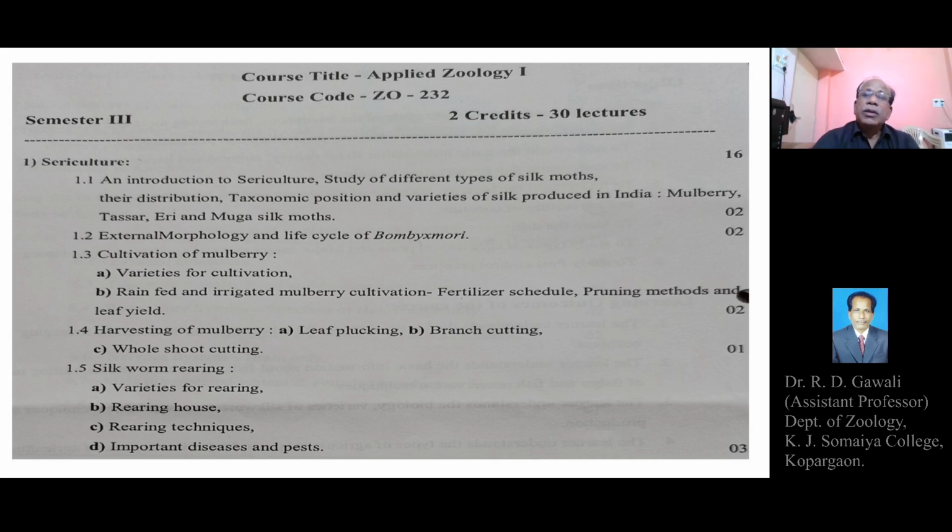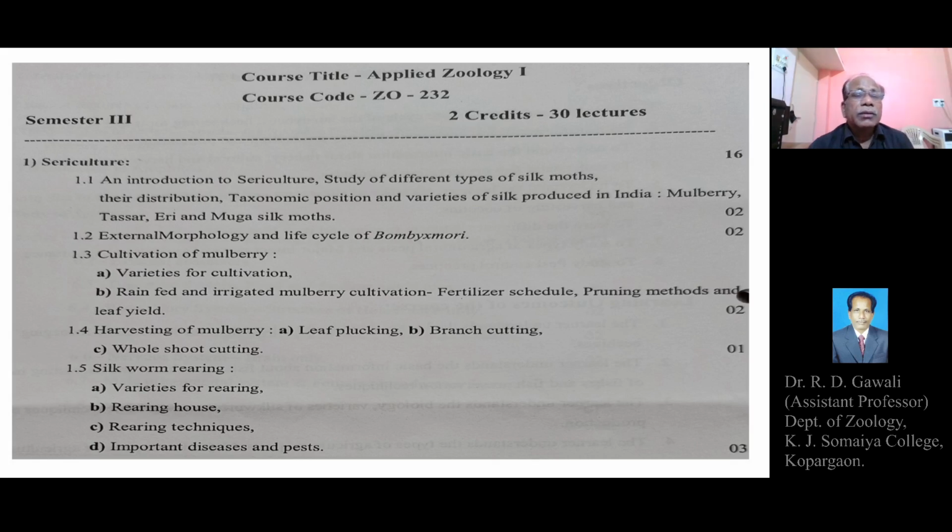So improved varieties of the mulberry, they can provide the large quantity or larger yield of the mulberry leaves. So usually there are different type of improved varieties which are recommended for the different states in the country.